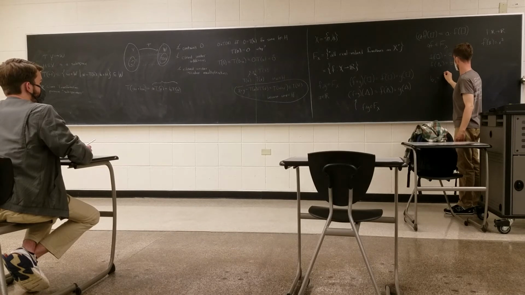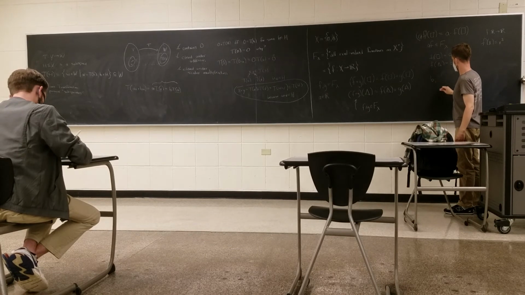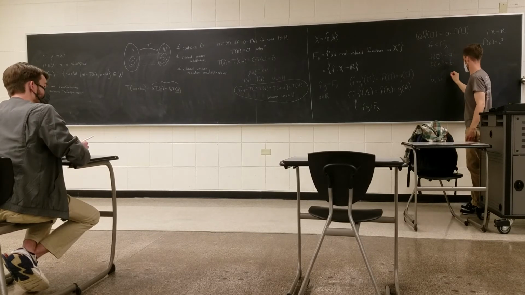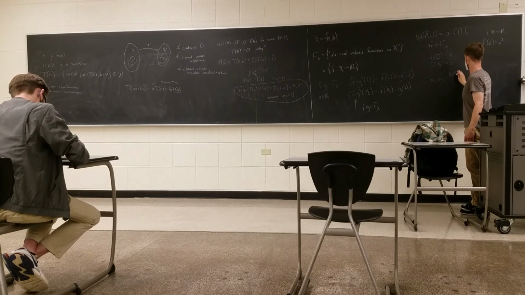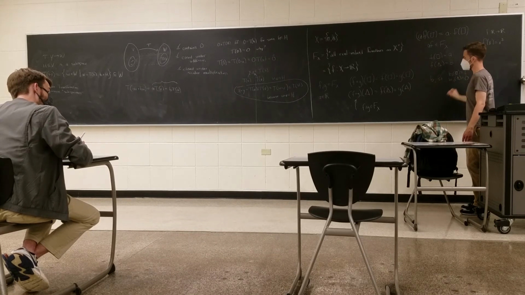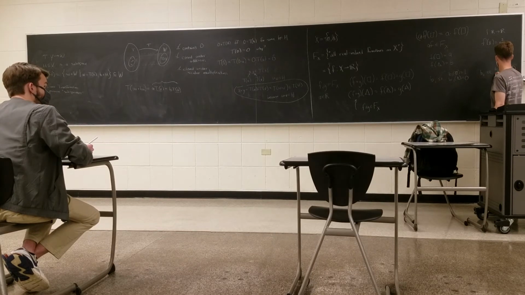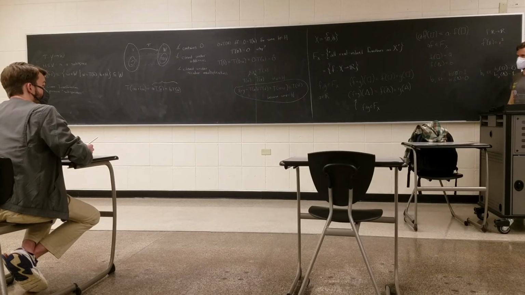Let's say B1 such that B1 of square is equal to 1, and B1 of triangle is equal to 0. And B2 such that B2 of square is equal to 0, and B2 of triangle is equal to 1.